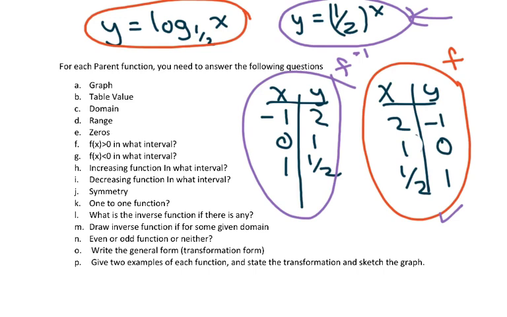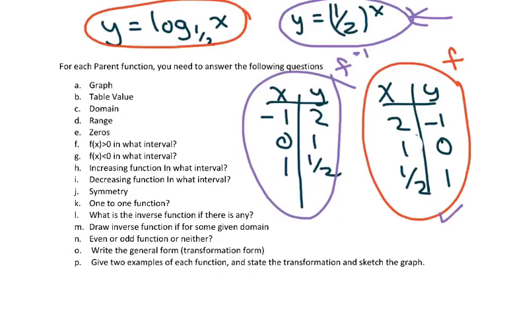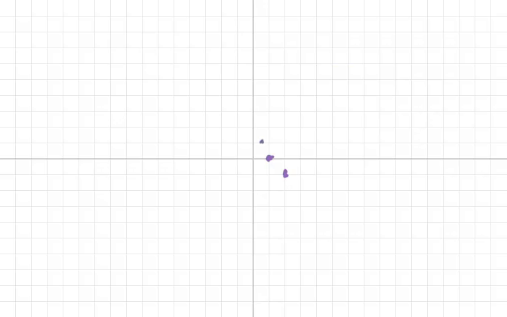Basically, I switched the x and y's, and then I'm going to graph this. 2 goes to -1. 1 goes to 0. And what else do we have? 1/2 goes to 1.